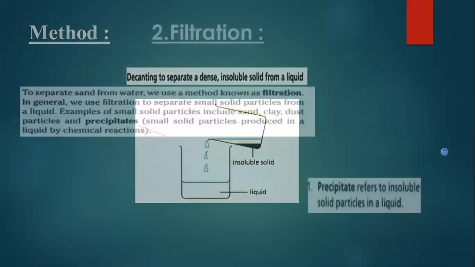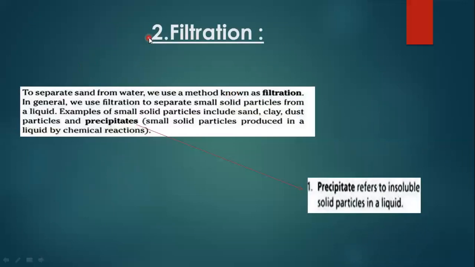The next method that we will discuss here is filtration. You are familiar with it for such separations. To separate sand from water, we use a method known as filtration. In general, we use filtration to separate small solid particles from a liquid.